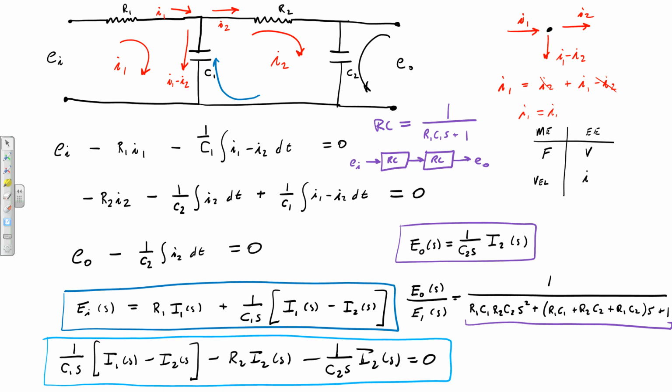If we had separated these two RC circuits with some kind of high impedance amplifier or something like that, then they would act separately. But these are loading each other, so there's an additional dynamics that you don't even see until you bring the two together.